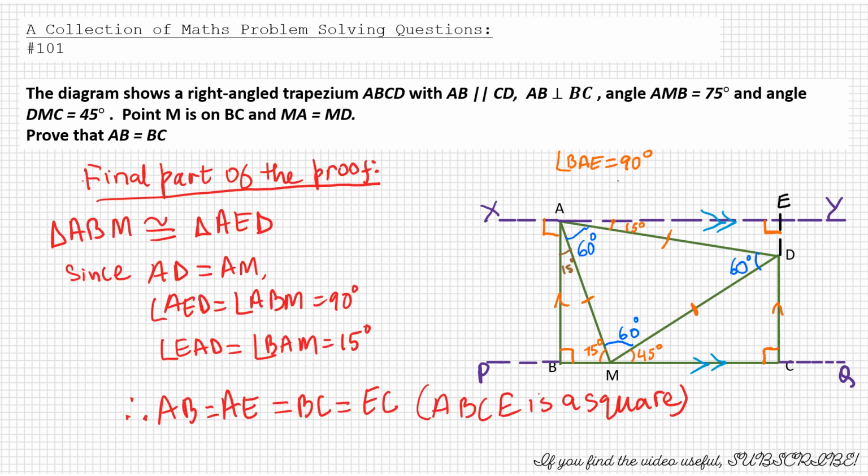Now to prove that it's not only a rectangle but actually a square, we have to get into triangle congruency. We look at triangles ABM and AED. AD equals AM.